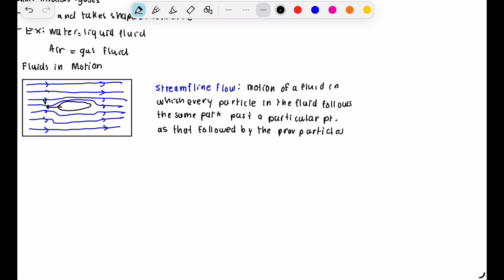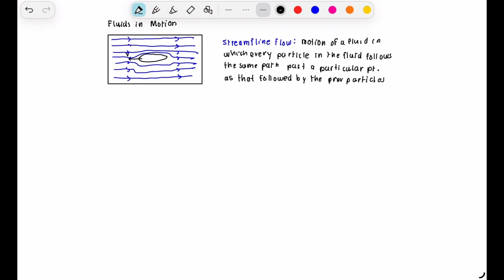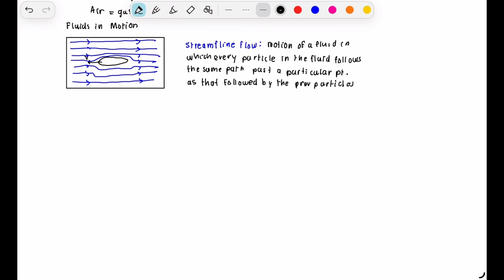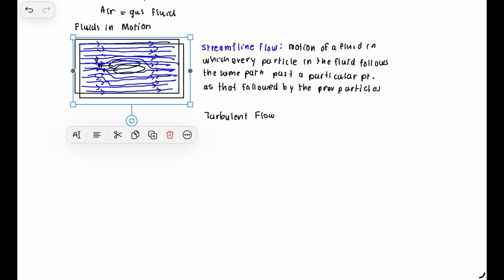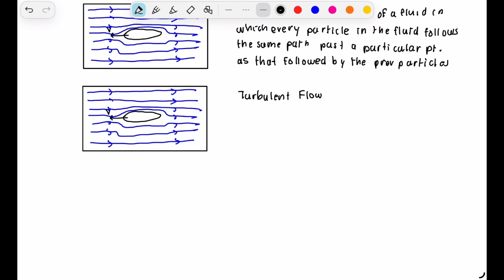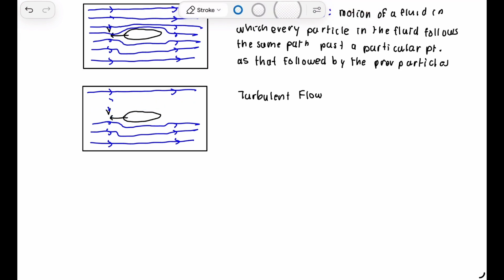So this is our streamline flow, but what about turbulent flow? Our difference is that instead of continuing, it's going to warp.